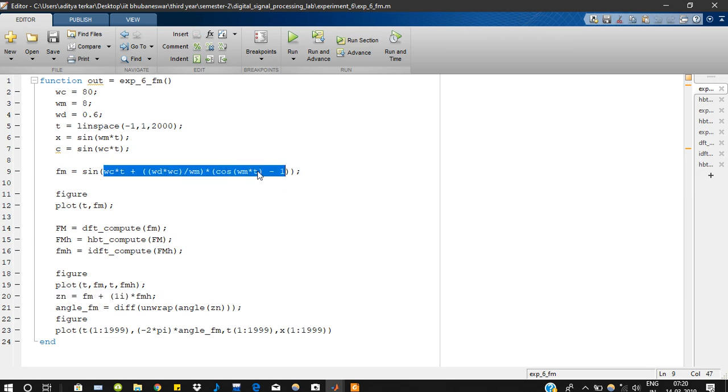Now that we know this, to find the instantaneous frequency we have to differentiate it. That's why I've used the function diff. Of course, one has to remember that the number of points gets reduced by 1 when you use a diff operation. So let's see if we can get this code working.